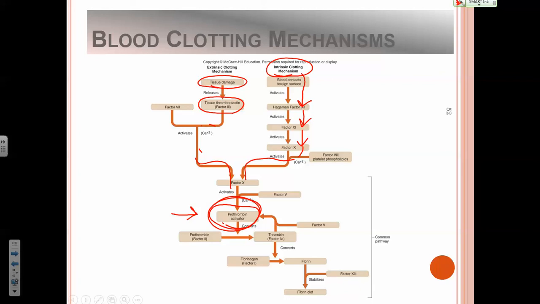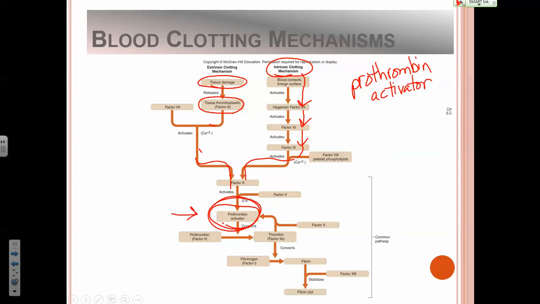But once blood starts to clot, a series of reactions occur to cause something called prothrombin activator to be produced.